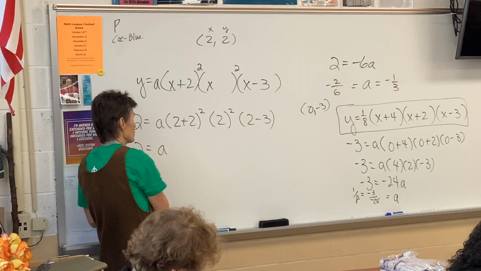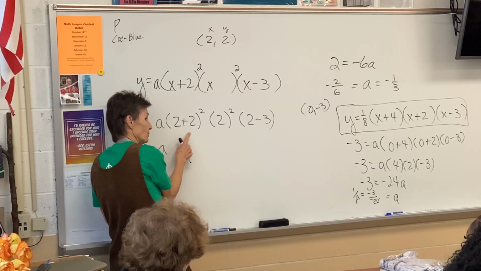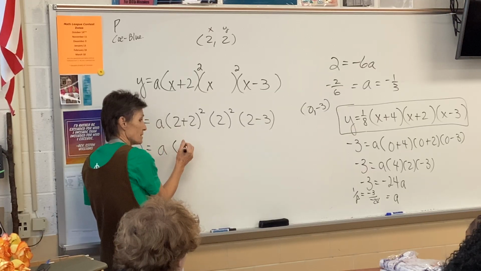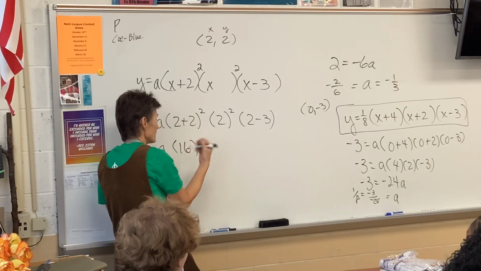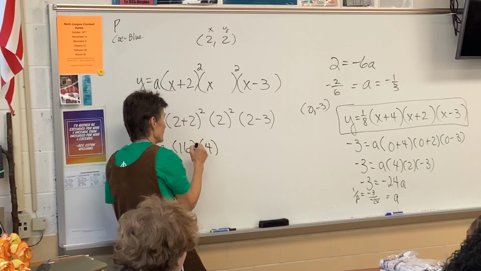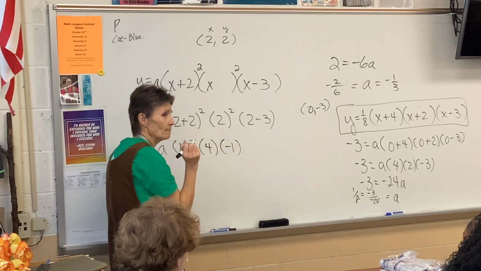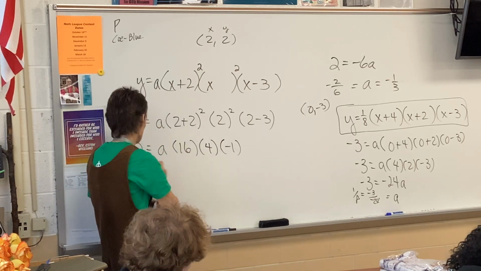And then we figure out each parentheses, so 2 plus 2 is 4, and 4 squared is a big old 16 number. 2 squared is 4, and 2 minus 3 is -1. Multiply, all multiply.